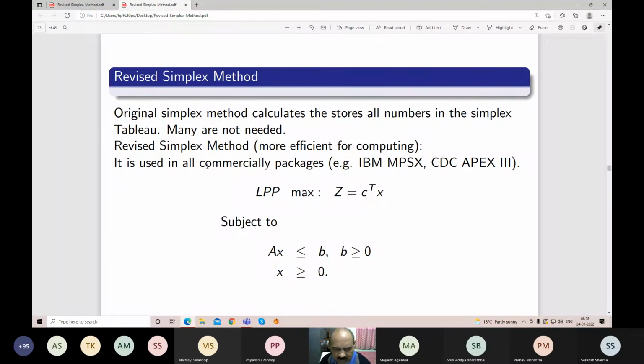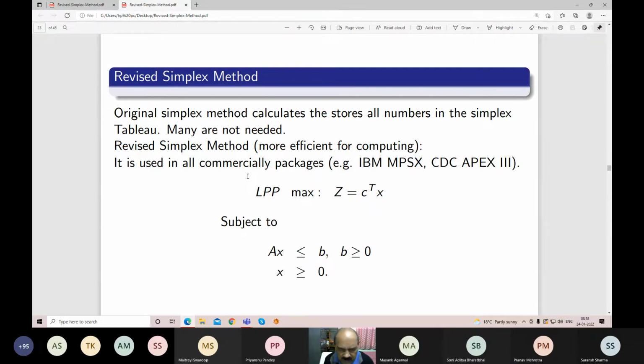The revised simplex method is more efficient for computing. It is used in all the commercial packages like IBM MPSX, CDC, Apex3, etc. We use the revised simplex method in the commercial packages. As I have already told you, in the revised simplex method we are using the product form of inverse for computing.